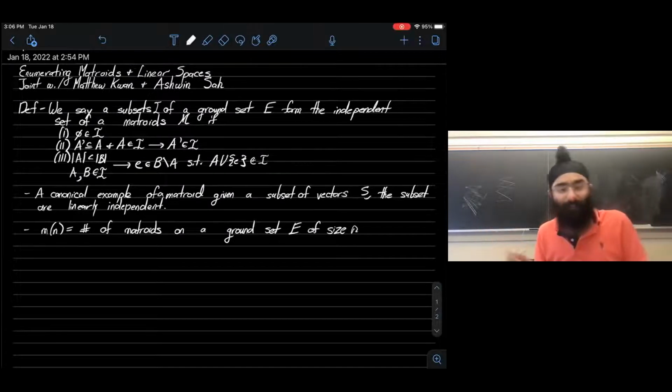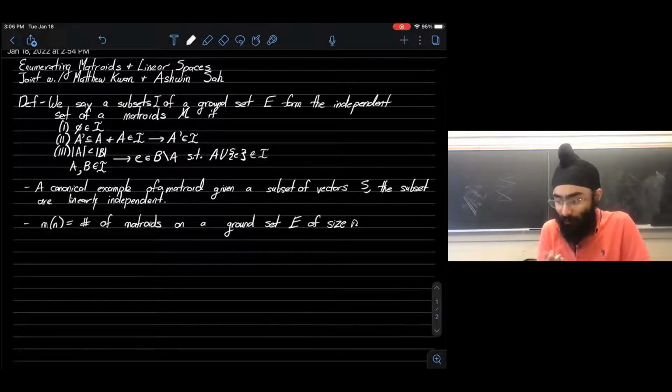I've just defined a matroid, and you can already define the problem of interest. And it turns out this is, in and of itself, a very difficult problem. We know some things, but we don't actually know the answer.